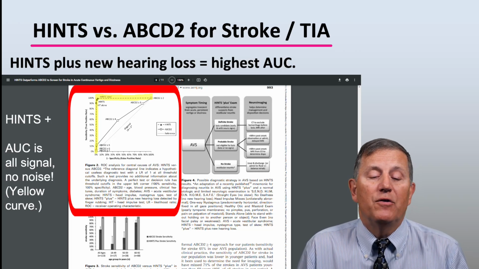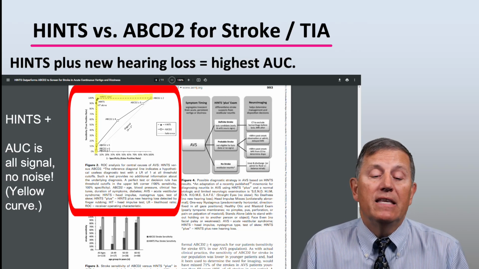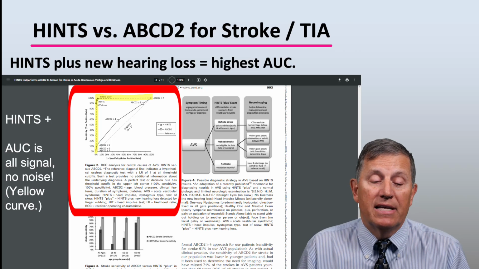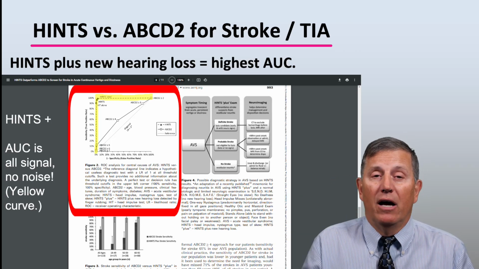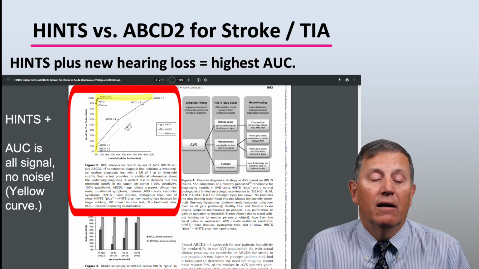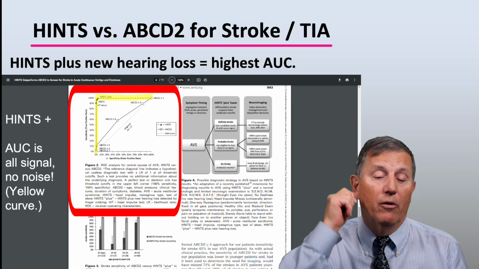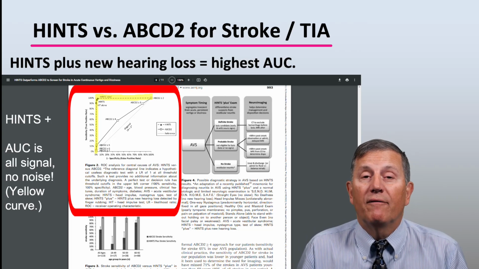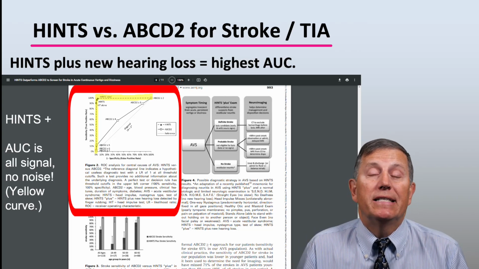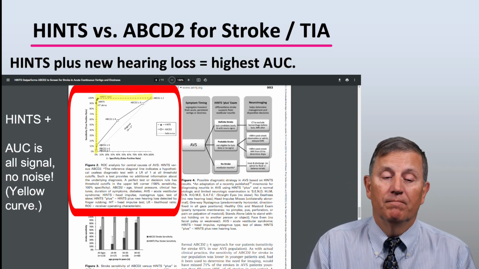In other words, if you see here in red the area under the curve, the yellow highlighted portion suggests that the area under the curve is almost 100%, meaning if you do the HINTS exam and check for unilateral hearing loss, you are going to have the best ability to detect and exclude stroke and TIA.